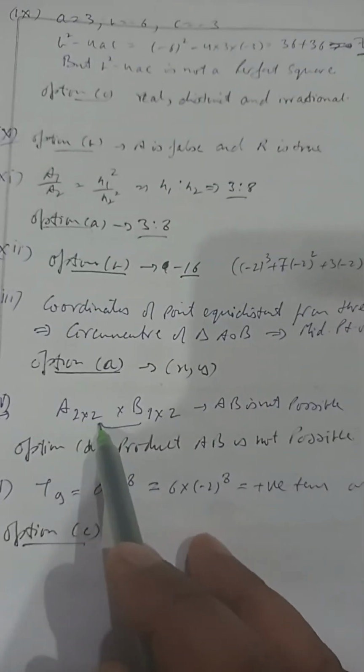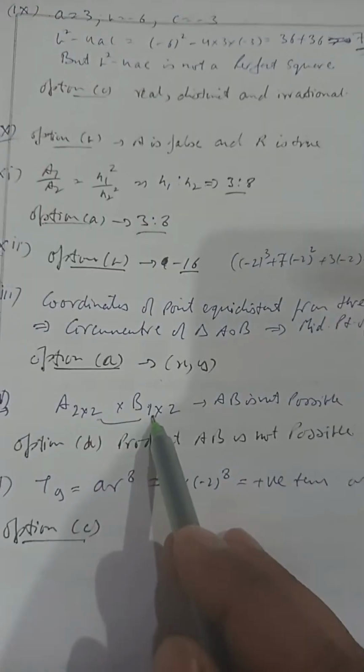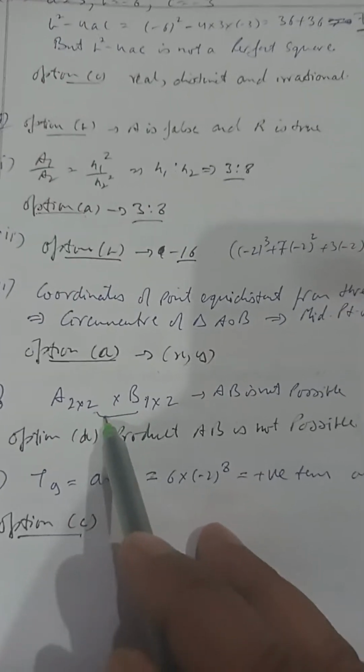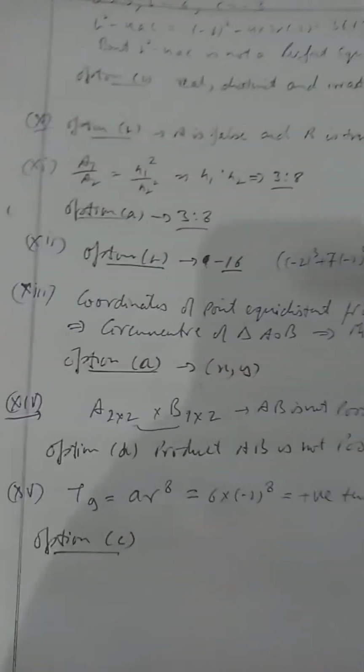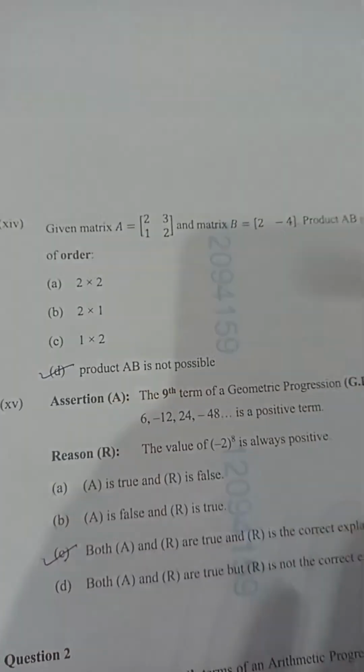Columns of matrix A is 2 and rows of matrix B is 1. Okay, so they are not equal, so the product AB is not possible. So option D is correct for this 14th part, that is, product AB is not possible.